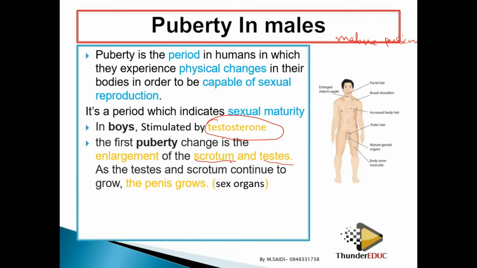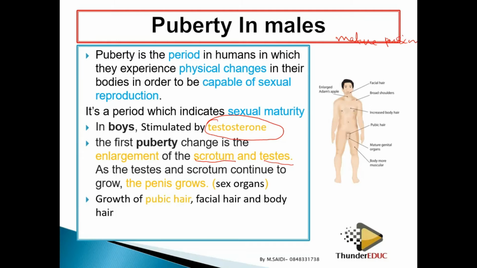As the testes and the scrotum continue to grow, what does that mean? If the testes and the scrotum develop more, it means that now the person is going to have a big penis. Even the penis is going to enlarge. It's going to become big. I'm very sorry if you have a smaller one.